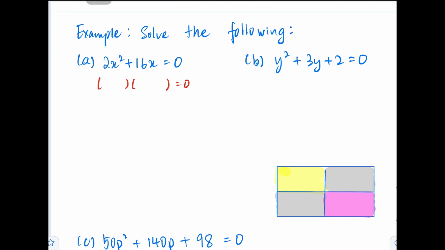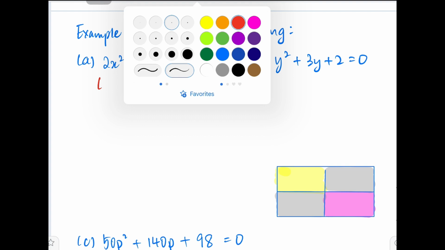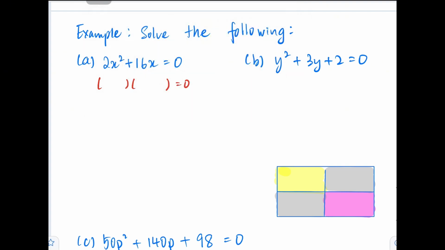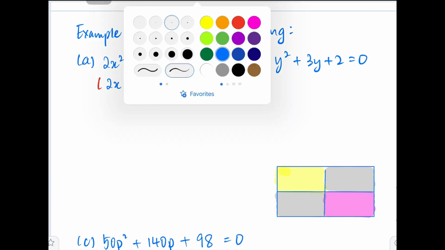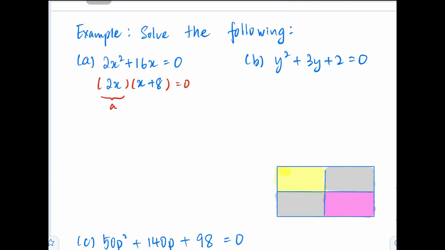So can you see that 2x squared plus 16x actually has a common factor of 2x. So if I extract 2x as my common factor, I will be left with x plus 8. Right? So now can you see that we have our a times our b equals to 0.